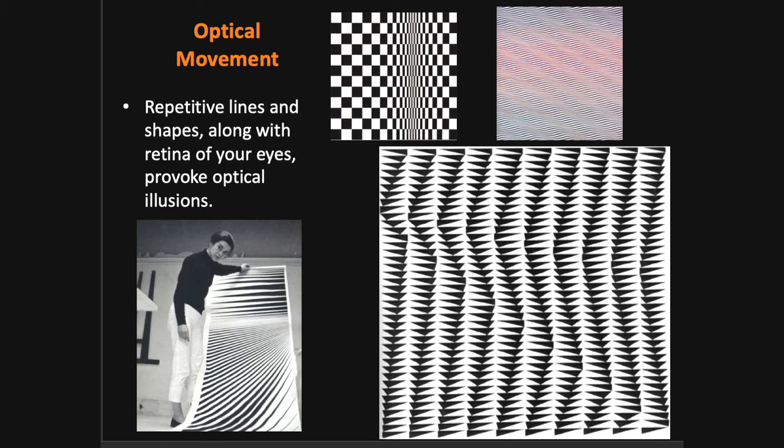If you ever stared at wallpaper for a really long time, or something that's striped, and the lines start to move, that's an example of your retina getting exhausted, and things are blurring and creating this illusion of movement when in fact really nothing is moving.